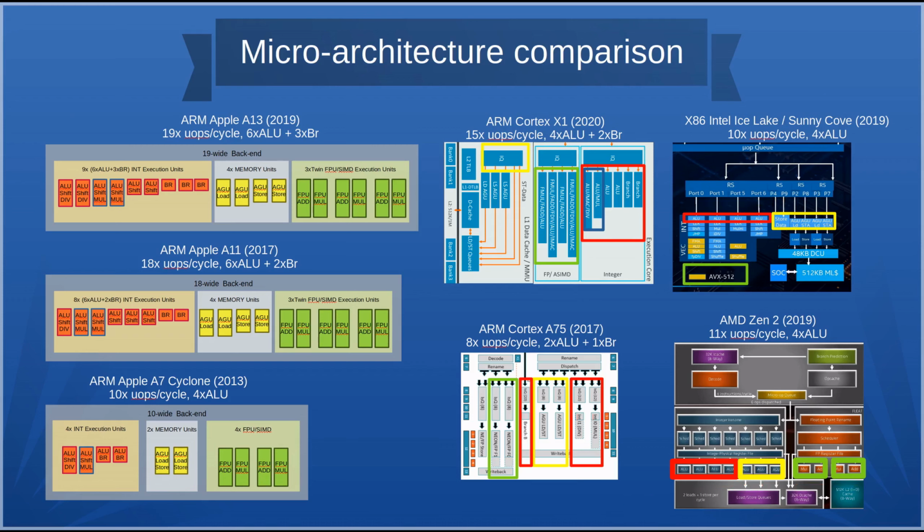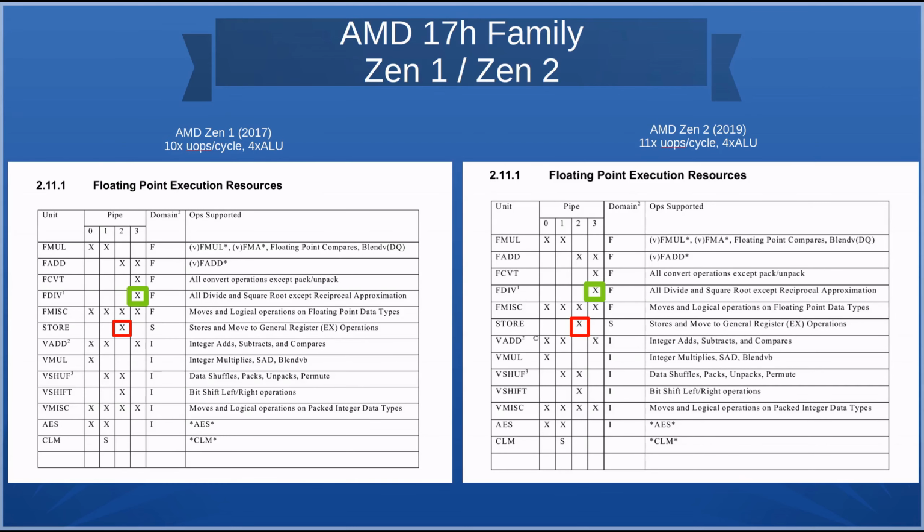Zen architecture also has one store unit actually hidden here under this third pipeline. There is one store unit here, so actually it has kind of four memory units.